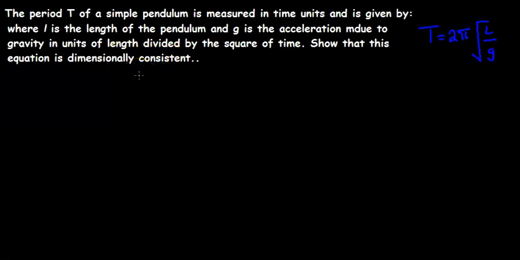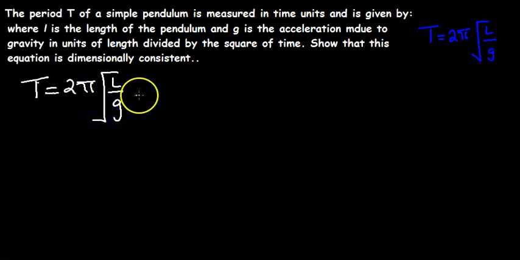So how can we solve this problem? Notice that to show that the equation for the period T of a simple pendulum is dimensionally consistent, we simply need to verify both sides of the equation to be the same dimensions. So the equation which we are given is a single equation which is T equals 2π times the square root of L divided by g.